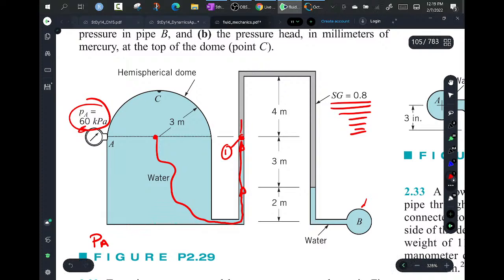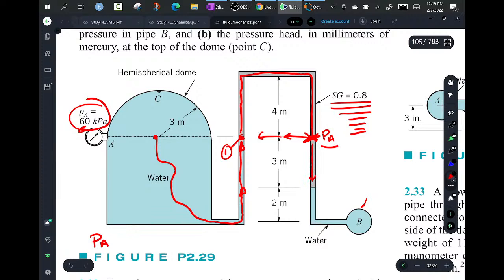So now, yeah, I go up and I decrease my pressure a lot, but then I go back down the same distance, and this pressure right here is the same as the pressure over here. So believe it or not, this is still PA. Now I'm continuing to go down.